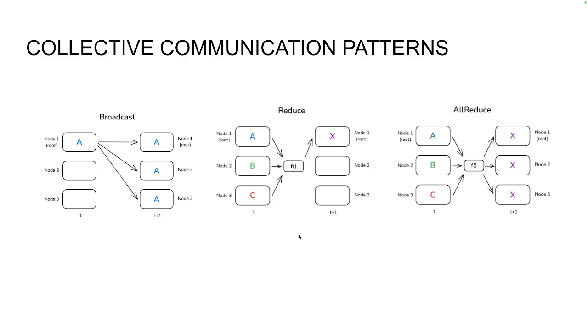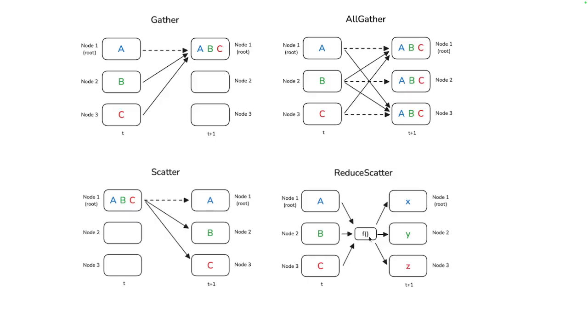You have to take a sum or an average of the accuracy from all of them and then report it from rank 0 to the terminal. Also you can have all reduce, where you take in the data from all the GPUs, do an operation and broadcast the result into all the ranks. We will come back to an application of all reduce later.